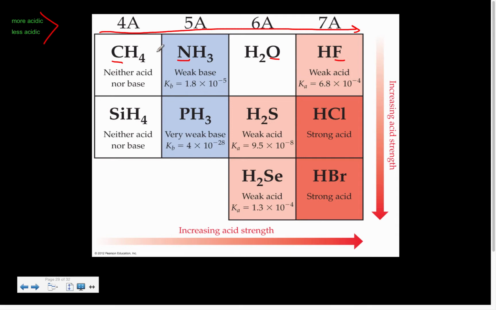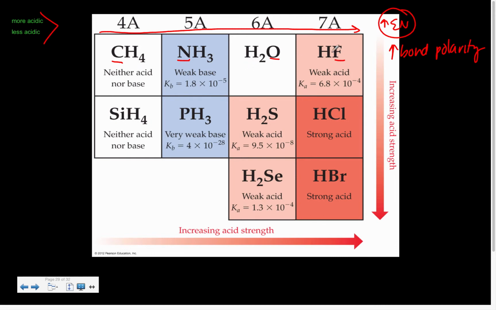Electronegativity. As I go across the period, I increase my electronegativity. As I increase my electronegativity, what also happens? Increasing bond polarity, meaning this bond gets more and more polar as we go across the period.